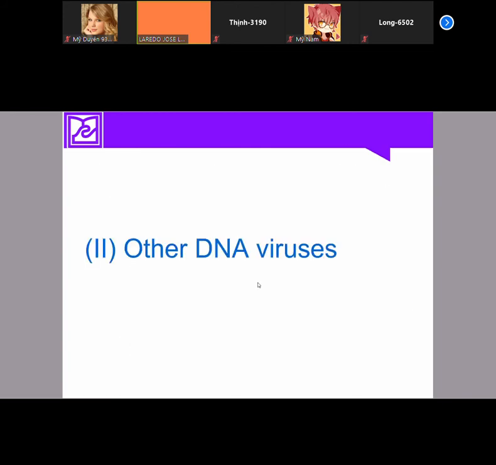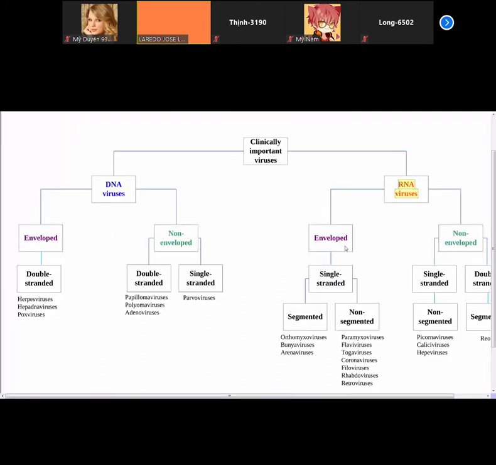Okay, so now we can continue with the study of other DNA viruses. We continue now with the study of non-enveloped DNA viruses, double-stranded. In this group of viruses, we have three. Papilloma viruses, the most important. Polyoma viruses, and both are very similar.